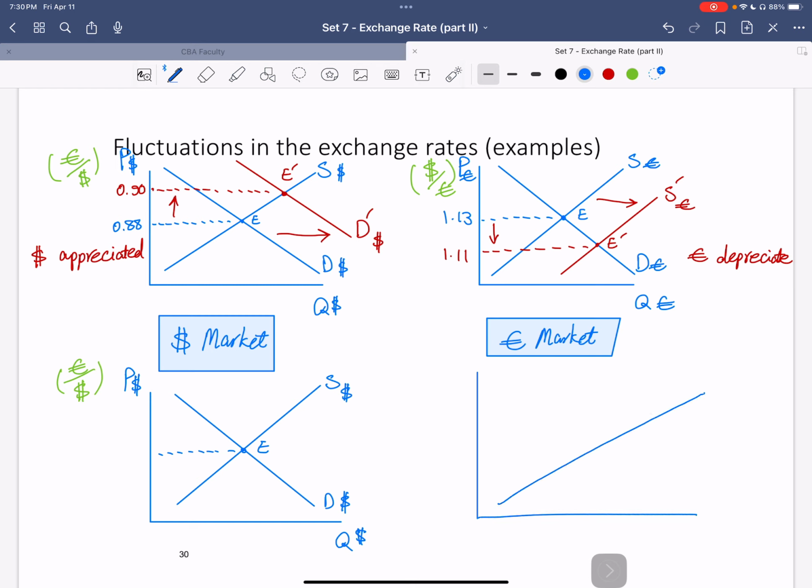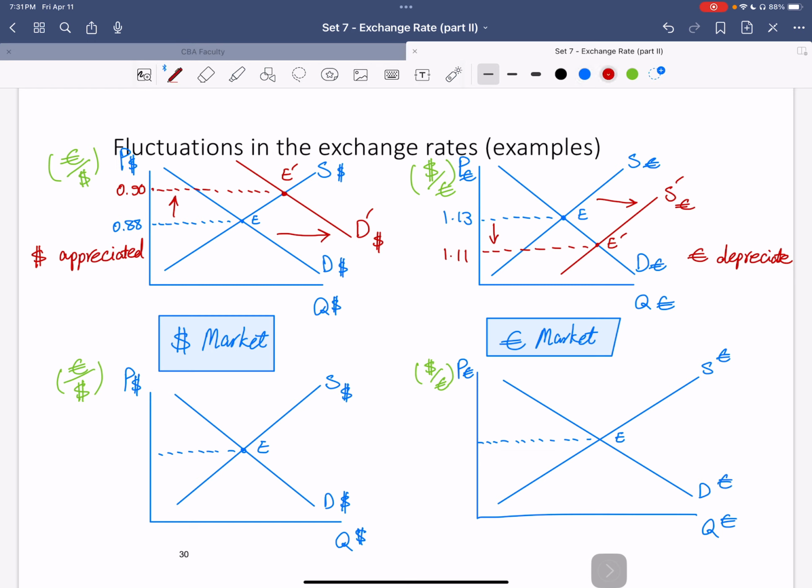We have supply of euro, demand for euro, supply of euro, price of euro, which is going to be dollar per euro. And this is the quantity of euro. And this is the equilibrium price of euro.